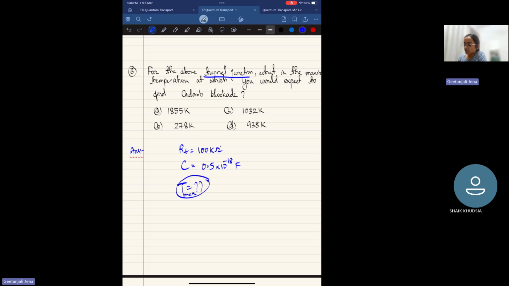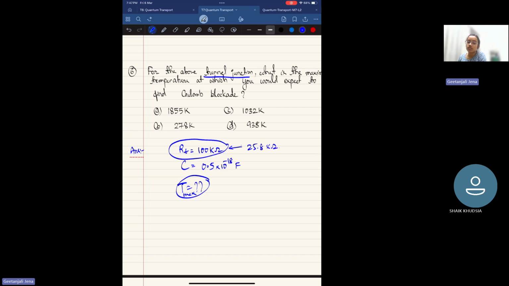So keep in mind that whenever you are trying to solve any problem, just check whether RT is greater than h by e square or not. If it is not greater than h by e square, then there is no Coulomb blockade effect and there is no point of solving the problem. But here you can clearly see it is greater than 25.8 kilo ohm.